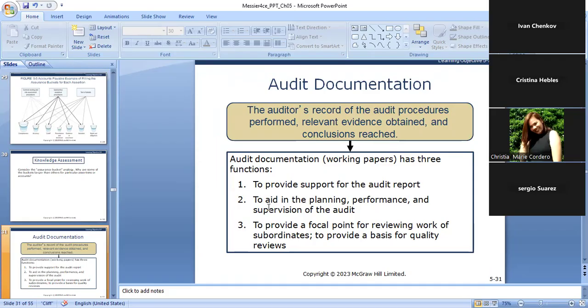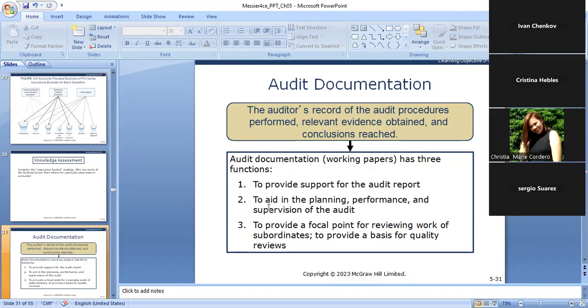Auditor's record of the audit procedures performed, relevant evidence obtained, and the conclusions reached. So in the audit documents, what are we going to find? Records of the audit procedures which are done, relevant evidence which was gathered, and conclusions.